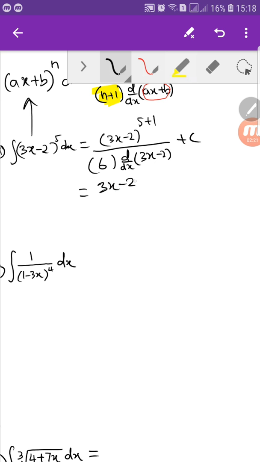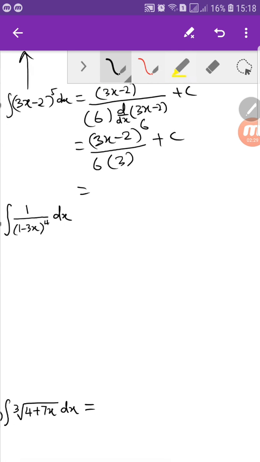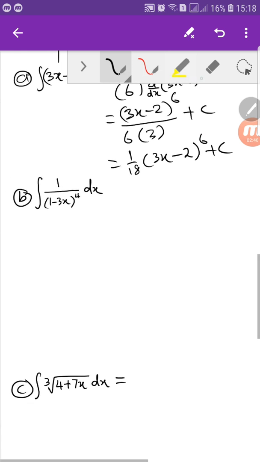So make it nice: 1 over 6 multiply 3, plus c. 6 times 3 is 18. So 1 over 18, (3x minus 2) to the power of 6 plus c.